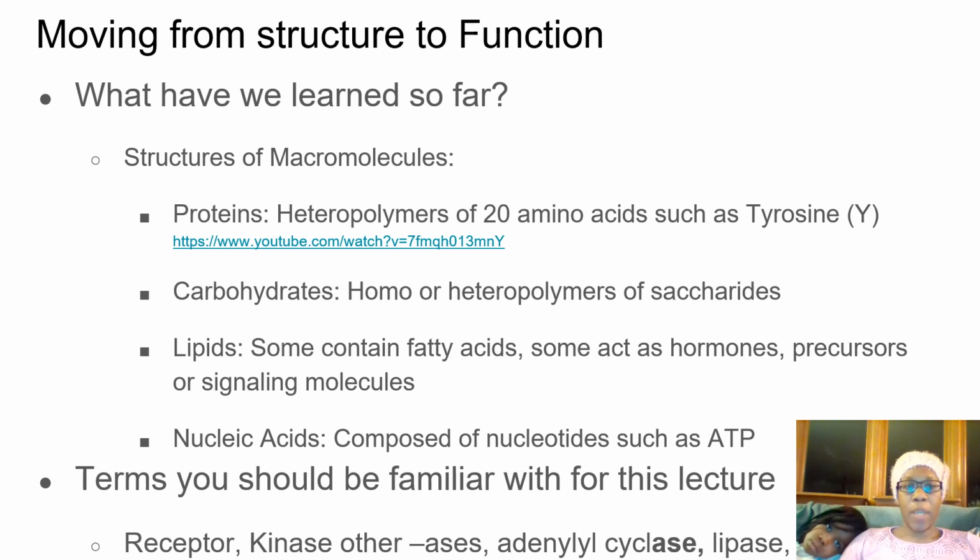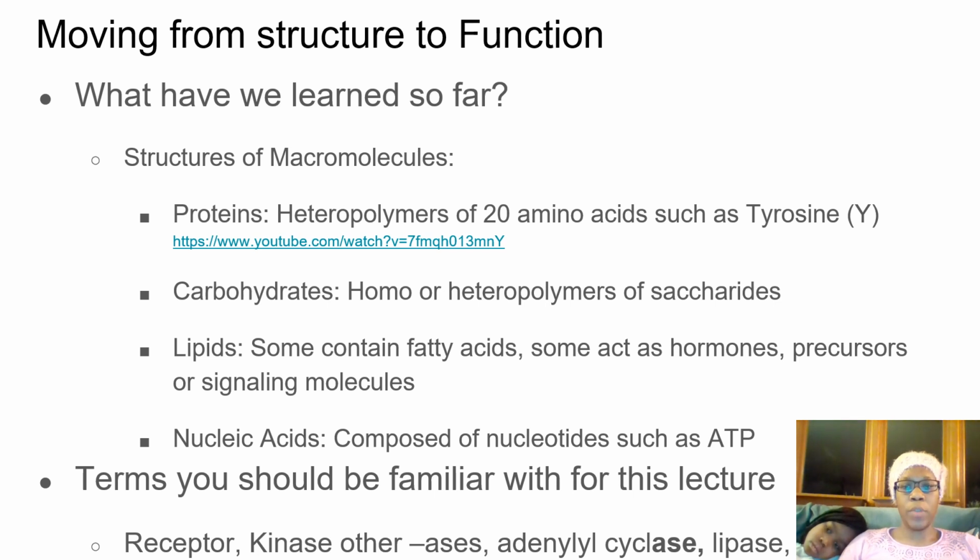The last macromolecule that we learned the structures of were nucleic acids, RNA, DNA. Make sure you're very familiar with the structures of nucleotides. That's nucleotide with a T. So a nucleoside is a nitrogenous base plus a ribose sugar. A nucleotide is a nitrogenous base plus the ribose sugar plus a phosphate.